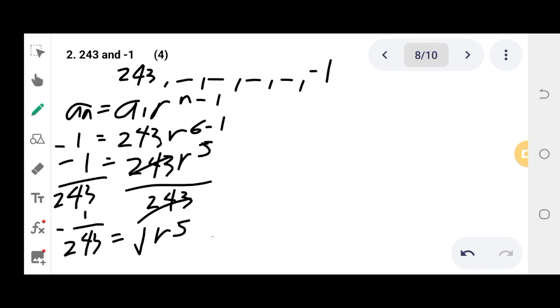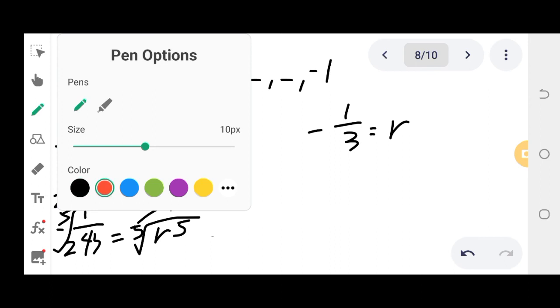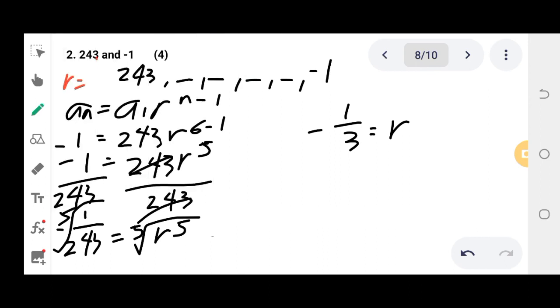So, getting the fifth root, ang value po ng r natin ay negative 1/3. So, gamitin po natin yan to fill in the geometric means, which is negative 81, then 27, then negative 9, 3, then negative 1. That is the problem for number 2.